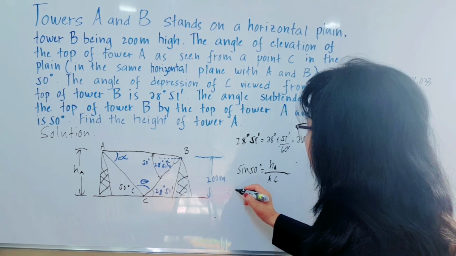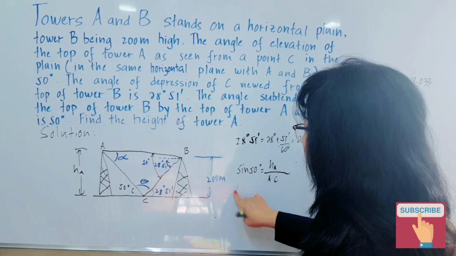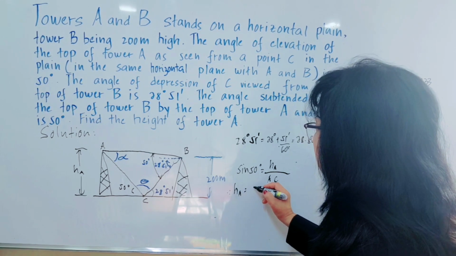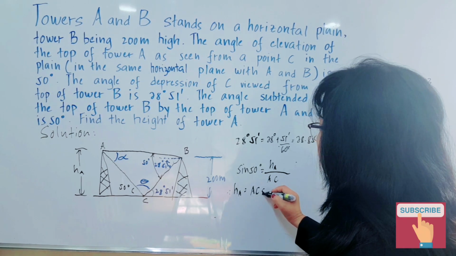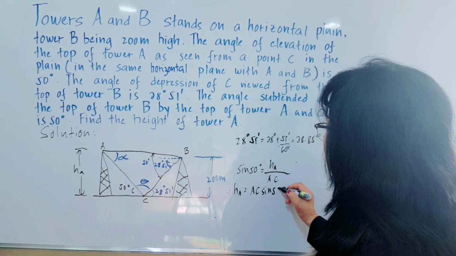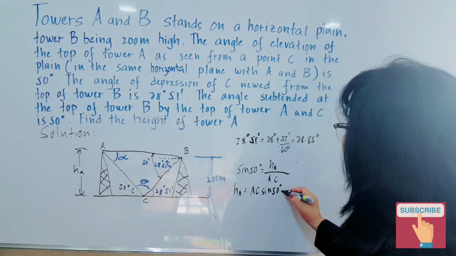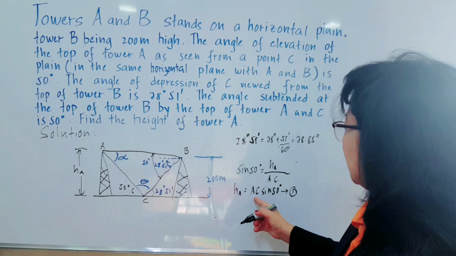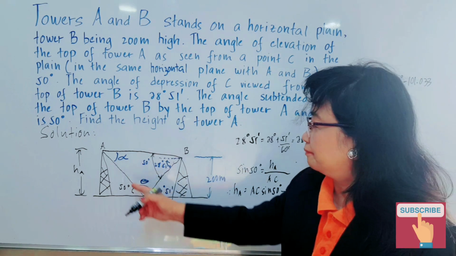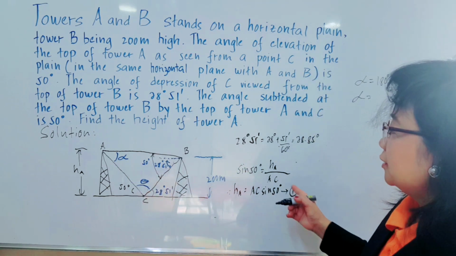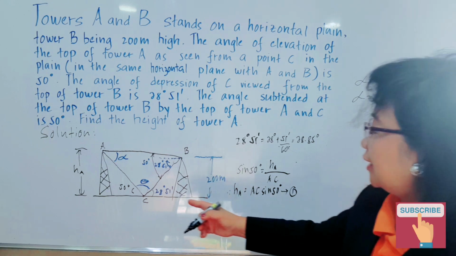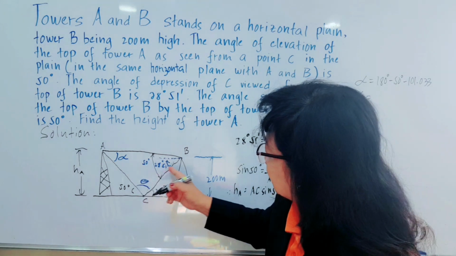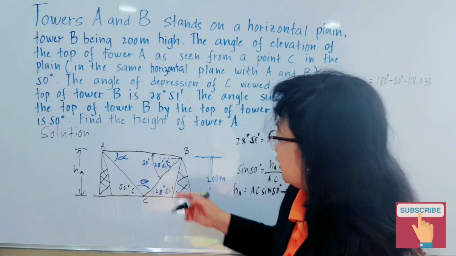Therefore, the height of the tower is equal to AC sine 50 degrees. This is equation 1, because we have to solve AC first before we can solve the height of Tower A. To find AC, first we have to solve the problem inside this irregular triangle.